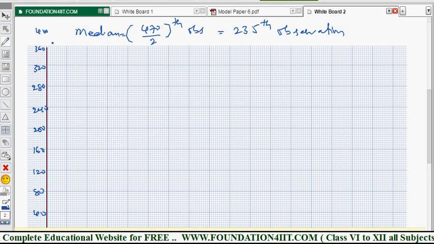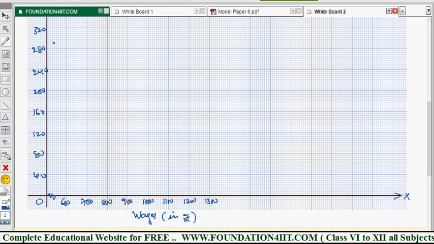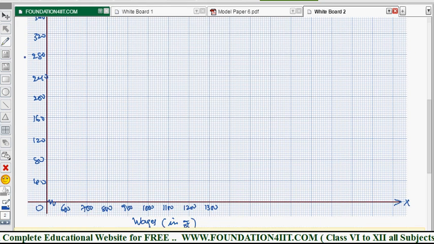This is the number of employees, which we take on the y-axis. Let's plot this now.